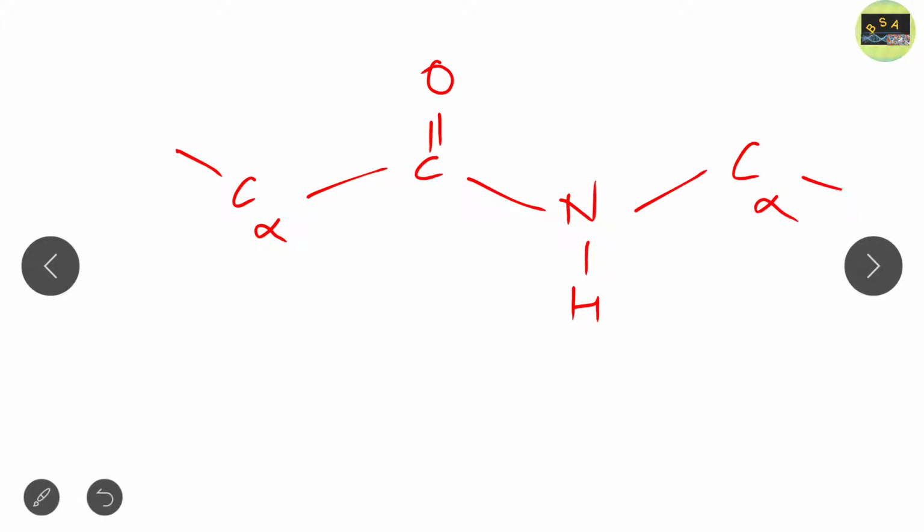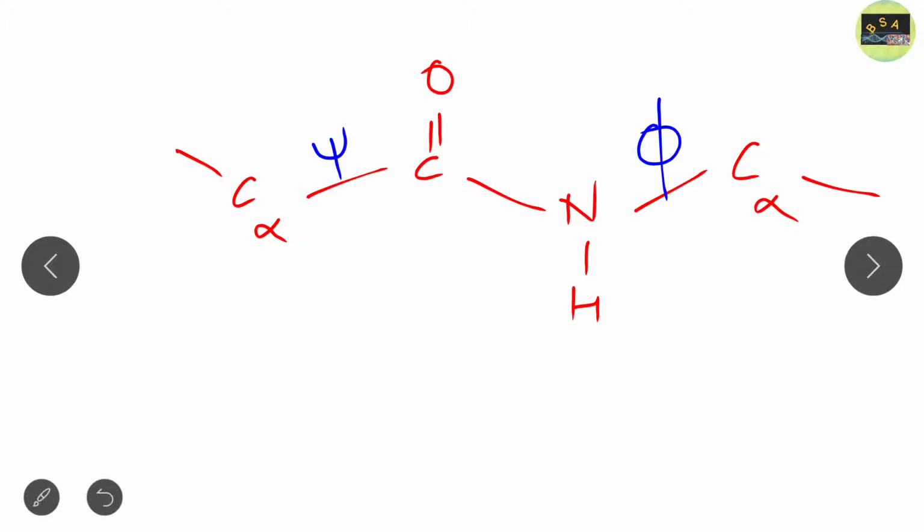C alpha, C. The angle between C alpha and C is the psi angle, while the angle between C alpha and NH is the phi angle. Clear?